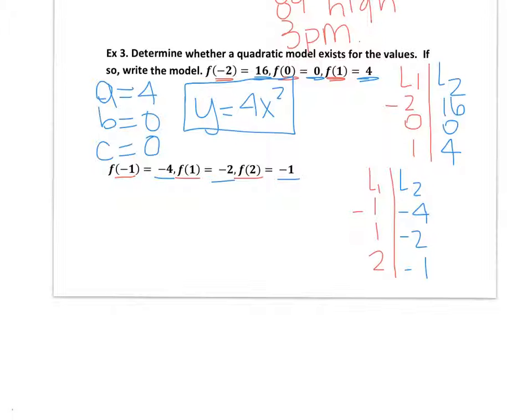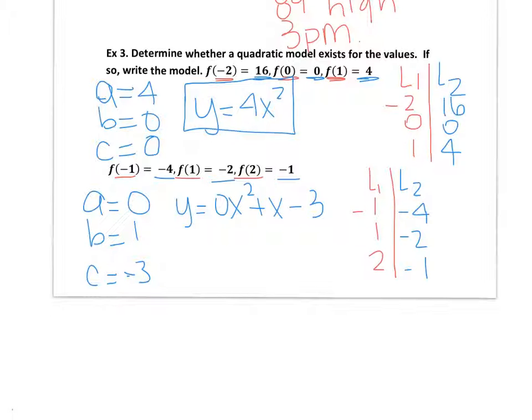And when you calculate and you get an answer, you get an A value of 0, a B value of 1, and a C value of -3. So if I write that out, this is what it would look like. Now, that means this term cancels out. And if my x squared term cancels out because there's no value, it's 0, it's not quadratic anymore. So in this case, our answer is no. It is not a quadratic model.